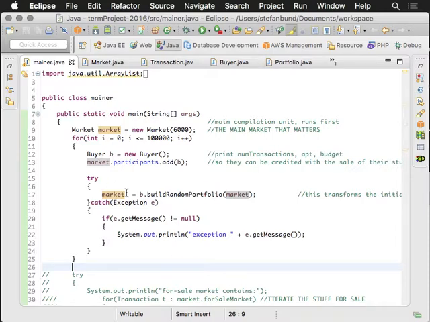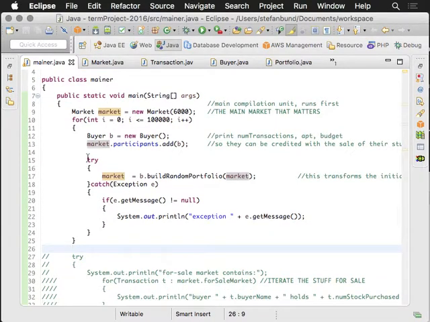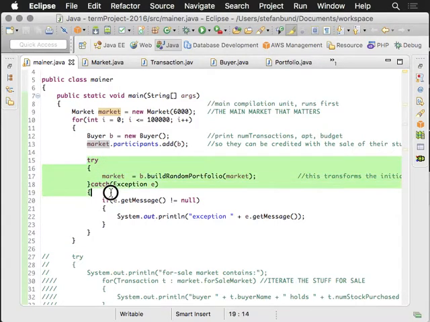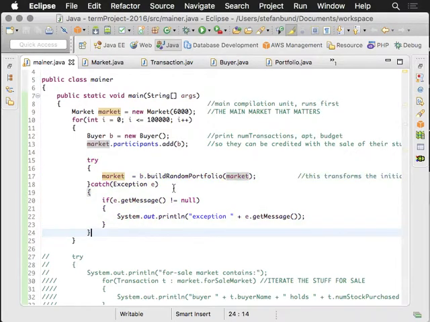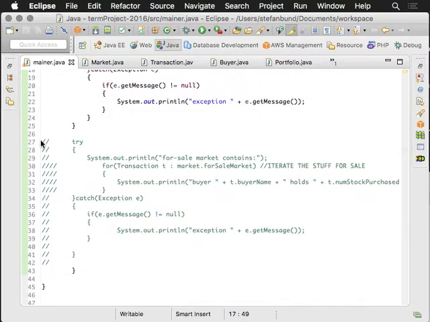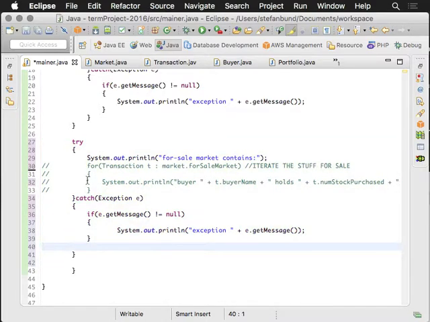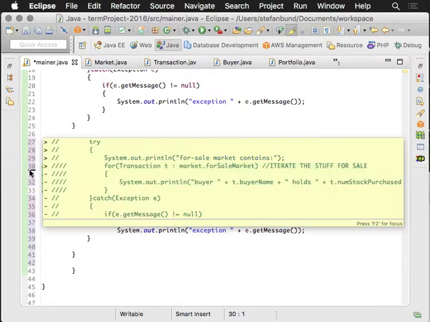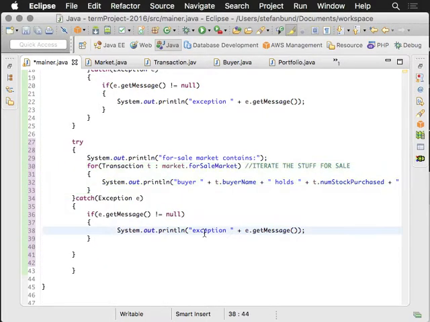Another thing we're doing is we're using try-catch. So we're saying, okay, try this. And actually Java is going to wait for the build random portfolio function to complete before it's going to move forward. Then what I did inside of my demo is I commented this later, but I'm going to uncomment it right now, where I could print out the current for sale market.